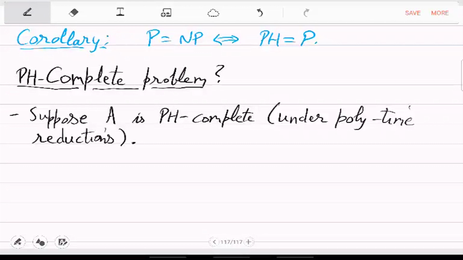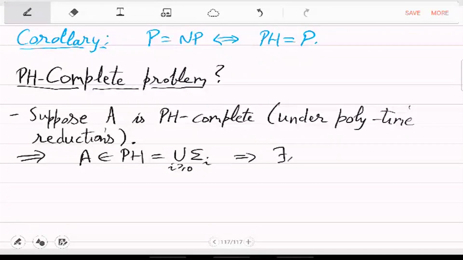So then what happens is, A is in PH, right? PH is a union of sigma i's. This means that A is in some sigma I. Right? If A is in the union of sets, then it is in some set.